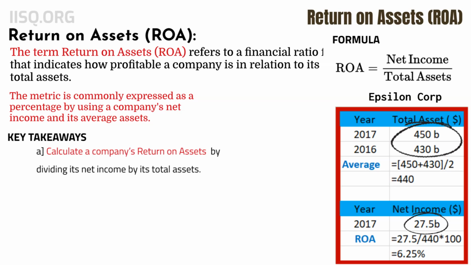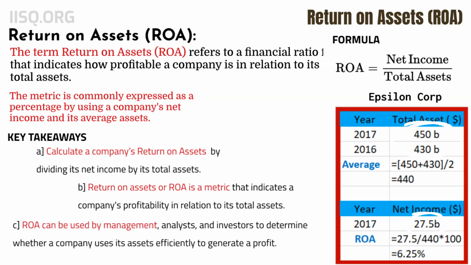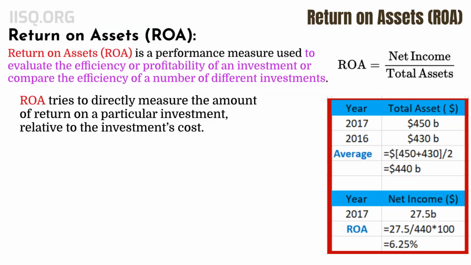So for the ROA, the key takeaways are: you can calculate a company's return on assets by dividing its net income by its total assets. Return on assets, or ROA, is a metric that indicates a company's profitability in relation to its total assets. ROA can be used by management, analysts, and investors to determine whether a company uses its assets efficiently to generate a profit.